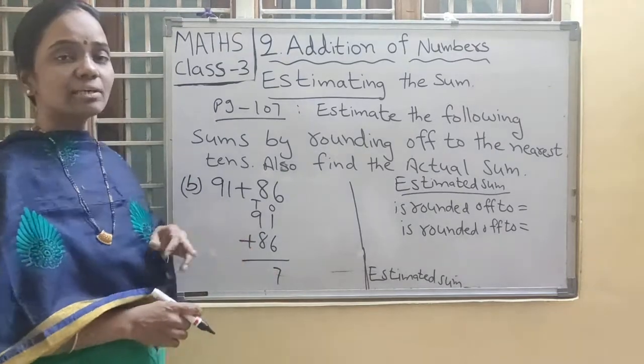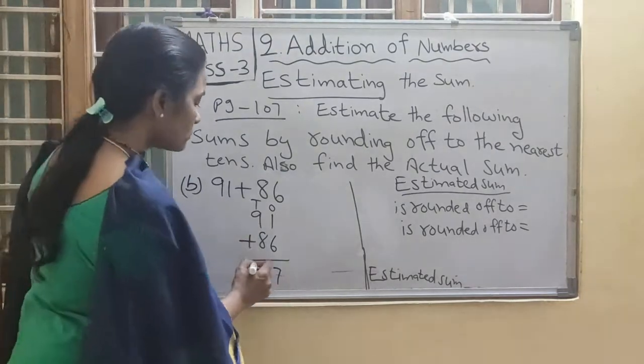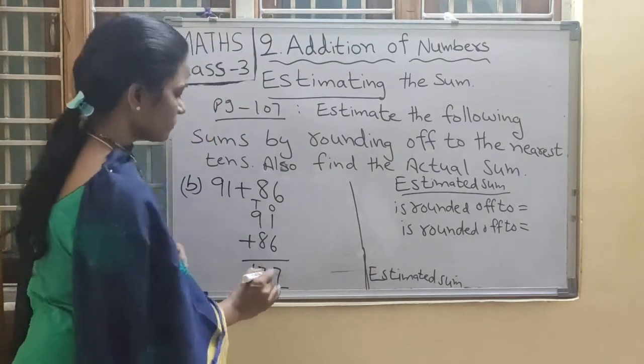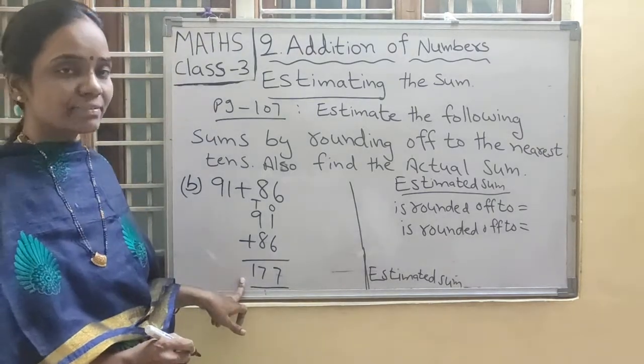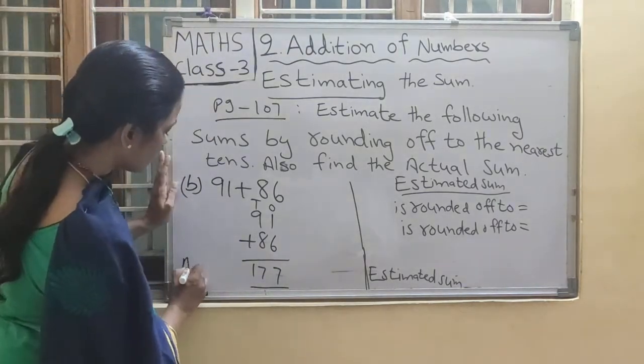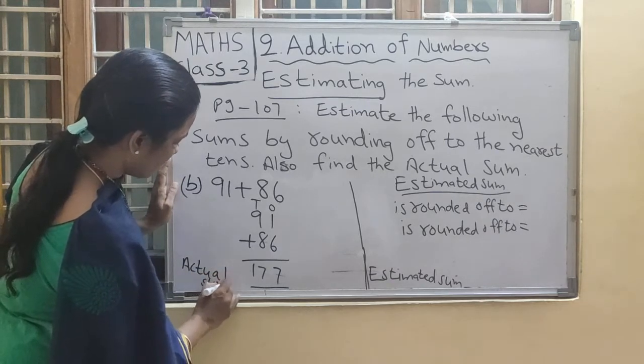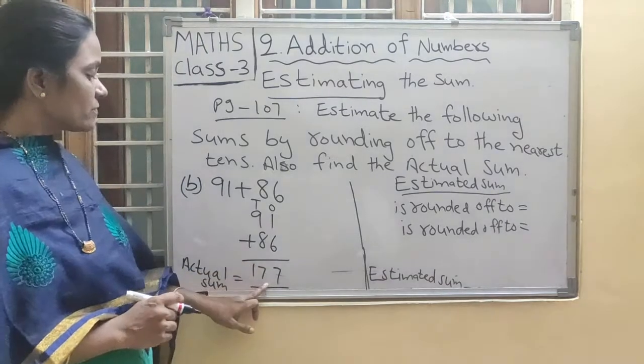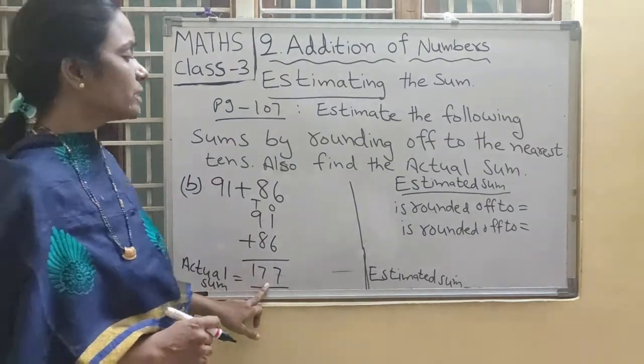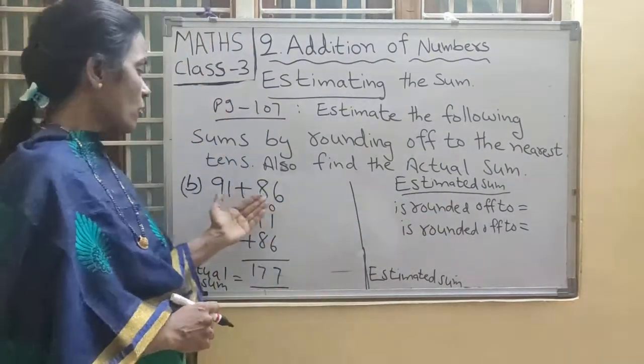Next 9 plus 8, how much, children? Very good, 17. So what is the answer? 177 is the actual sum. Now we are going to find the estimated sum of these numbers.